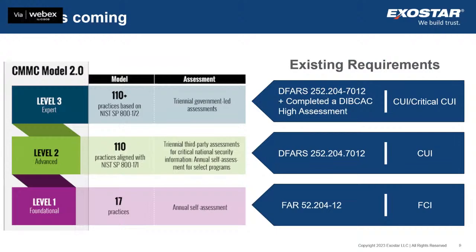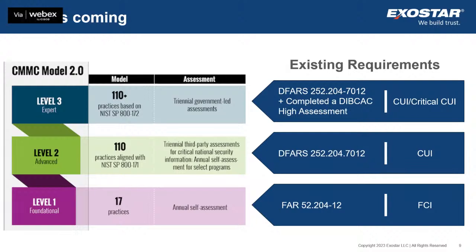Or if you're just a level 1, where you're just receiving federal contract information, you still have to be compliant with 17 practices, do an annual self-assessment of how you're doing against those practices, adjust if needed, and then do a self-attestation that you've done that.